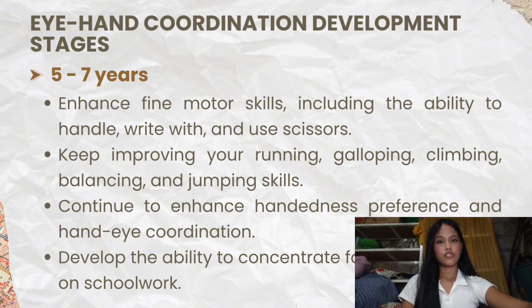So the next stage is 5 to 7 years. In this age, their fine motor skills improve, like writing, using scissors, and holding small objects. Their skills in running, climbing, balancing, and jumping continue to develop. Their focus on schoolwork and other activities also lasts longer.